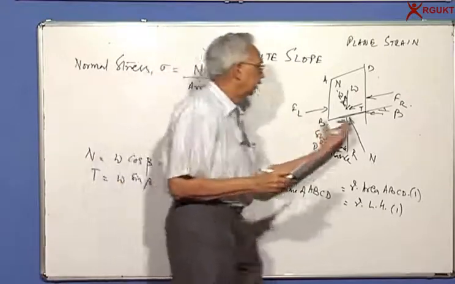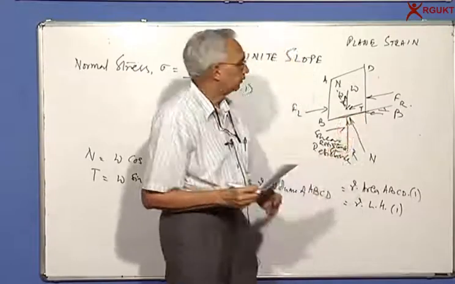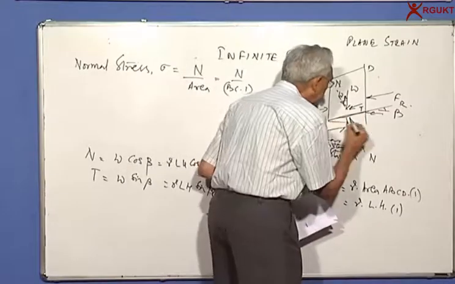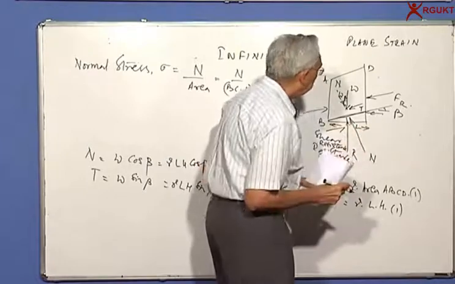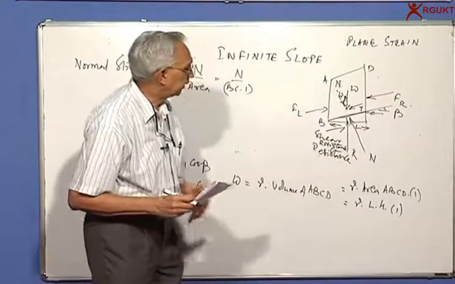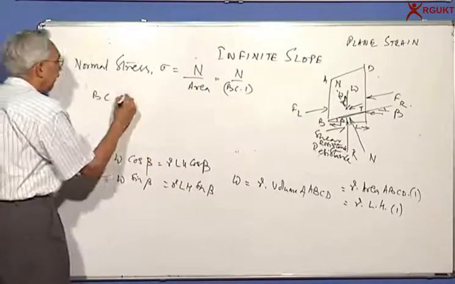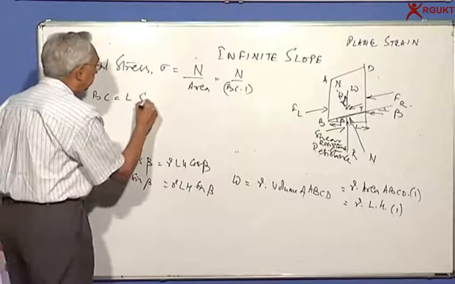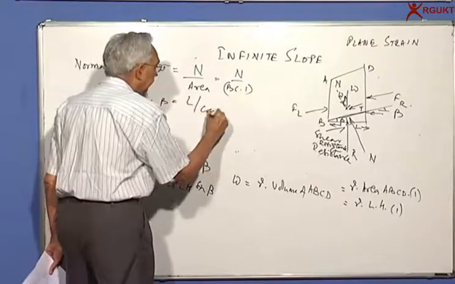I am looking at length BC into perpendicular distance 1. Now if L is the horizontal distance, what will be BC? From simple trigonometry, BC is equal to L secant beta, or shall I say L by cos beta.